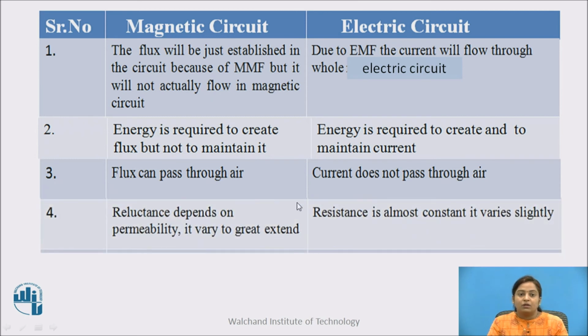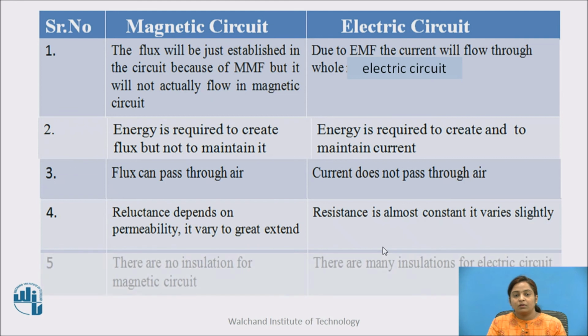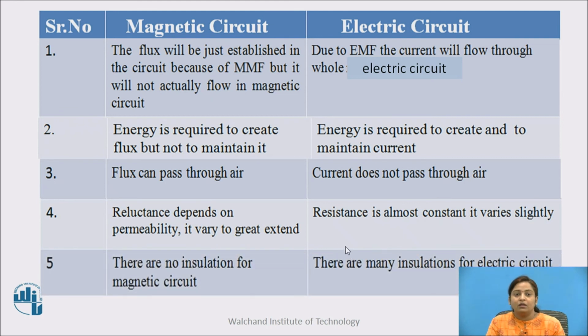Fourth, in magnetic circuit, the reluctance is variable, meaning the reluctance depends on the permeability of the material, so it varies to a great extent. But in electric circuit, the resistance is almost constant; it varies slightly. Now the last point: in magnetic circuit, there is no insulation present.